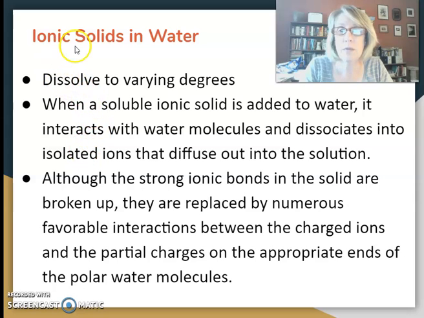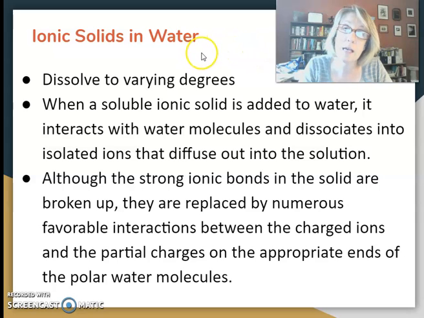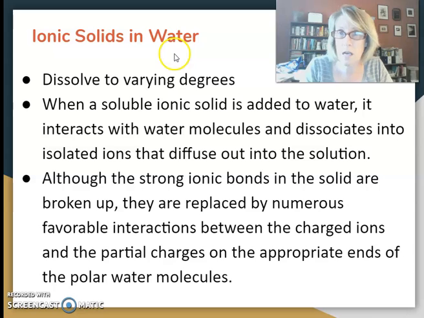And in chemistry, we talk a lot about ionic solids in water. In our last unit, we talked about, for instance, those double displacement reactions. And we had to indicate whether it was aqueous or a solid. If we were putting those (aq) after our salt, then we meant that that was dissolving in water. In other words, those two ions were dissociating and being surrounded by water.